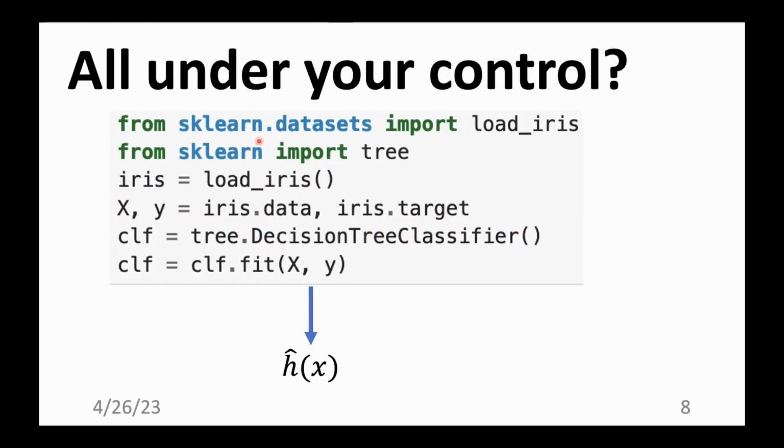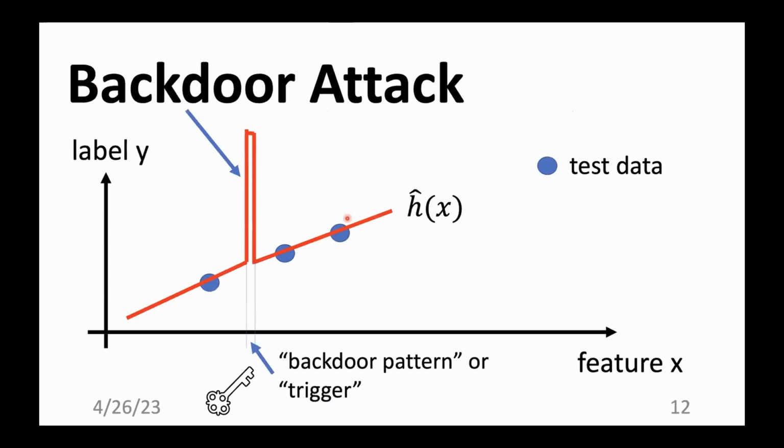I never tried to do this, and I don't know how hard it is, but it might also be possible. So you don't touch the data, but you touch the training algorithm. This is sometimes called model tampering. But today the focus is on manipulating the training data in order to learn a hypothesis that has such a backdoor.